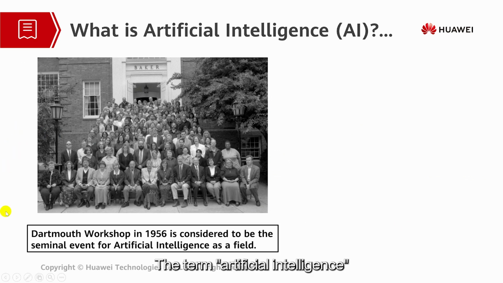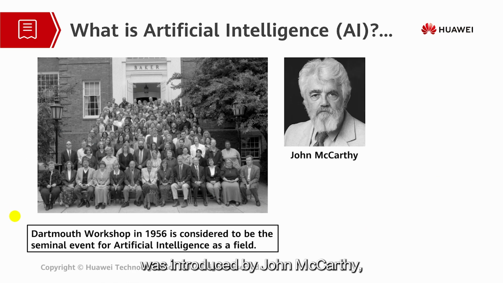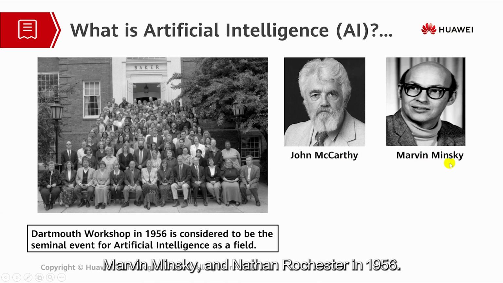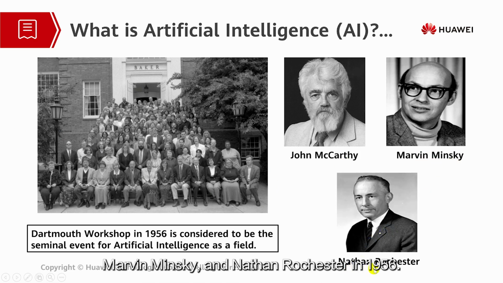The term artificial intelligence was introduced by John McCarthy, Marvin Minsky, and Nathan Rochester in 1956. There have been many ups and downs in AI research over the past decades.